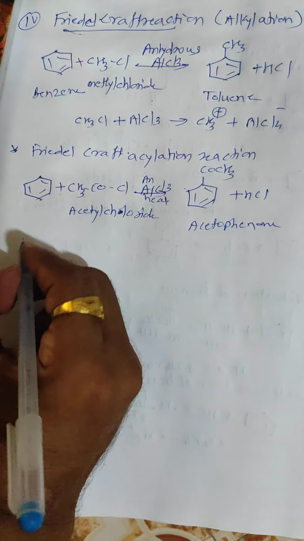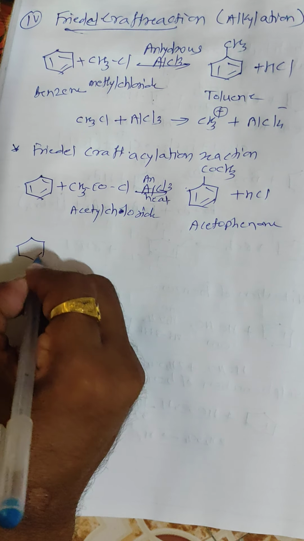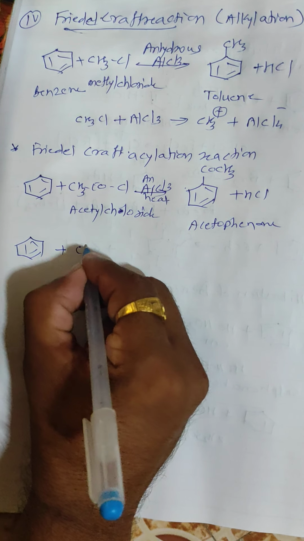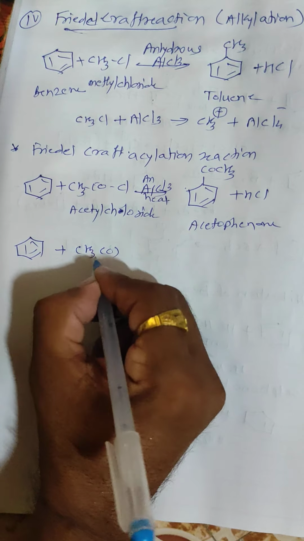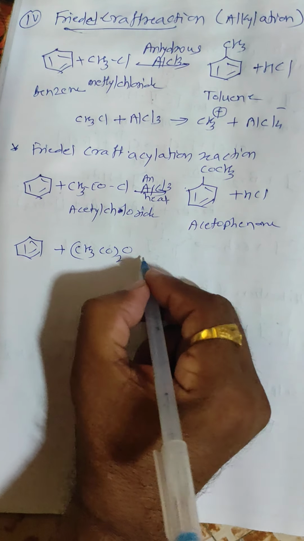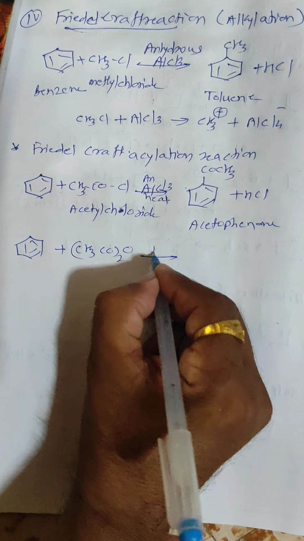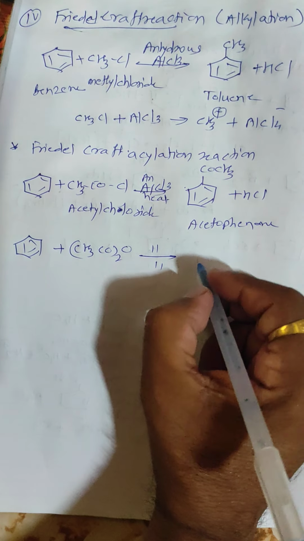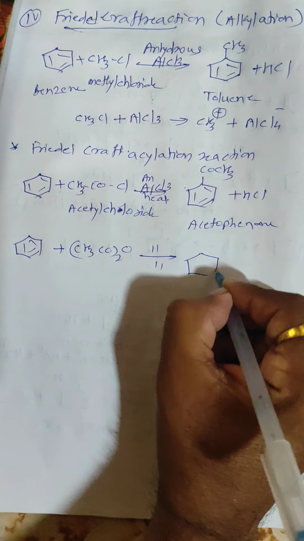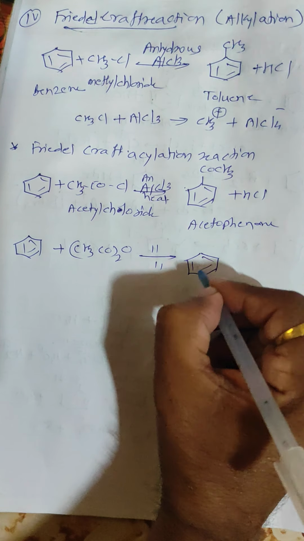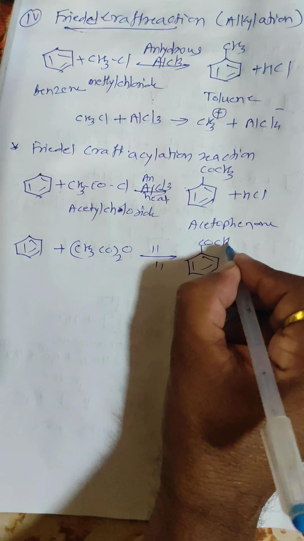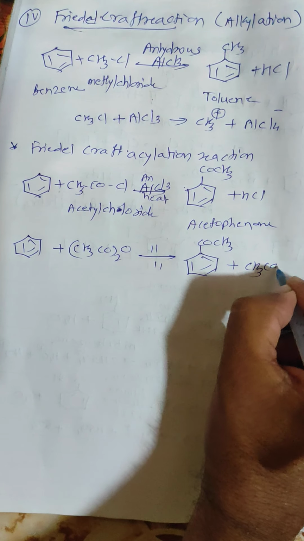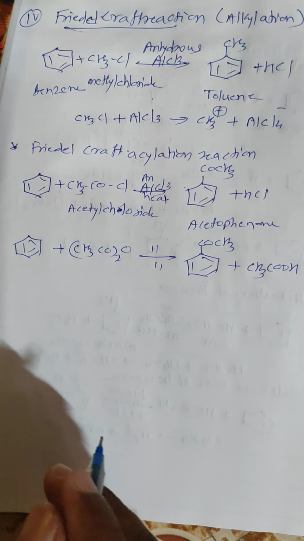Similarly, benzene is treated with acetic anhydride, (CH3CO)2O. They react in the presence of the same reagent, anhydrous AlCl3, and heat to form again the same product, that is COCH3, acetophenone, plus acetic acid, CH3COOH.